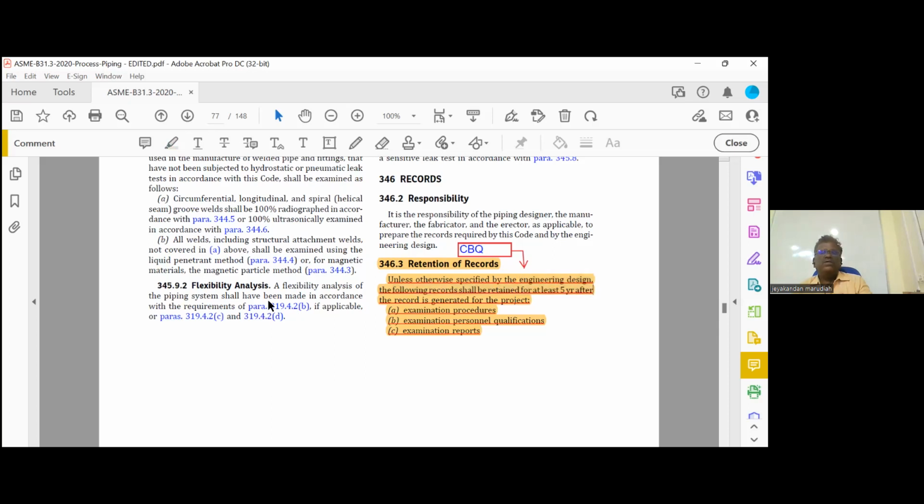Okay, now we will do some workout. I will give you some data, and you have to work it out. Material: A106 Grade B. Design temperature: 600 degrees Fahrenheit.